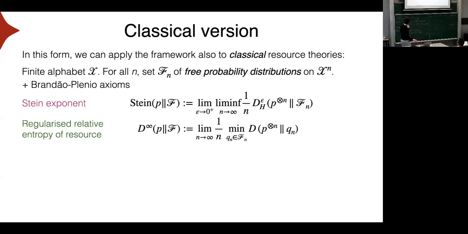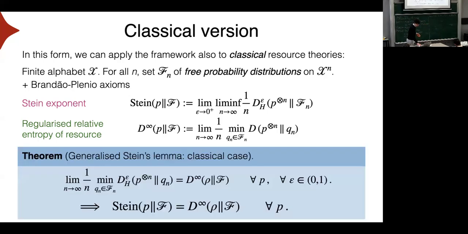And you can define exactly the same things. You can talk about the Stein exponent, same formula, with a set of free states or free probability distributions. You can also define a regularized relative entropy of resource, which would be exactly the regularized relative entropy of entanglement, right? Same formula. Now you can ask yourself, is this really true?